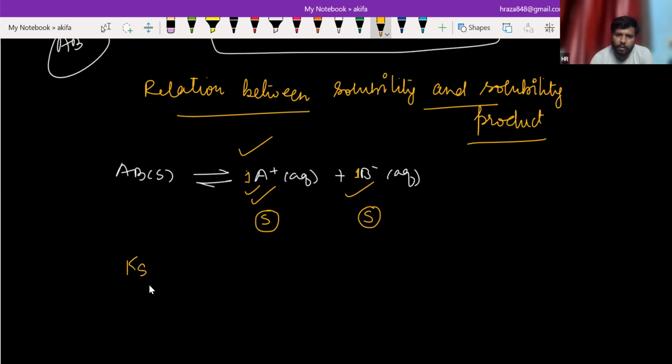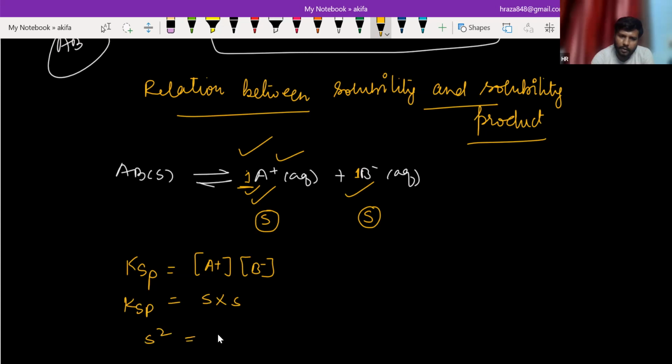Now we write the expression of KSP. KSP is the product of ions, that is A plus to the power of its coefficient, which is 1, so we don't need to write it, and it will be S into S. So KSP will be equal to S square. Different reactions will have different relations between KSP and solubility.